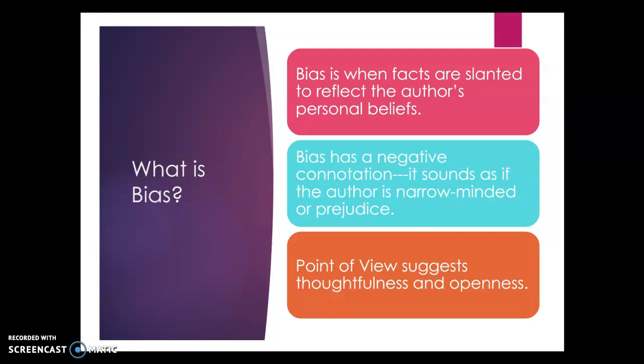So for example, if you're writing about a highly controversial topic, let's say abortion, and you grew up in a very conservative home and you believe that any kind of abortion is murder, then you would enter the writing already feeling that way. So you would probably use really highly connotative word choices when you are talking, right? And so bias is when facts are slanted to reflect the author's personal beliefs.